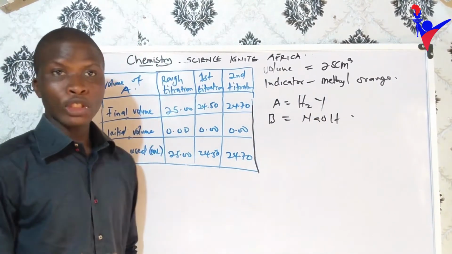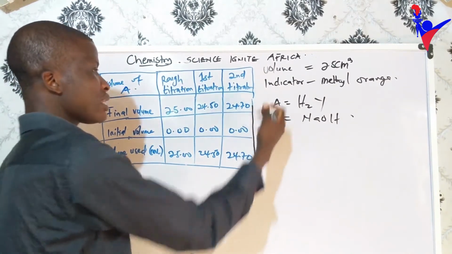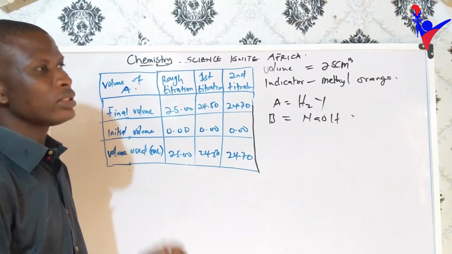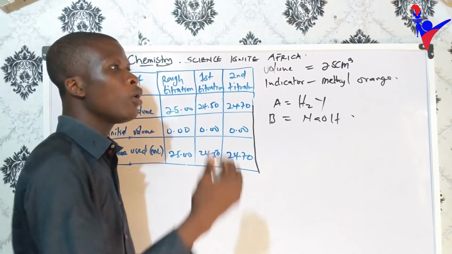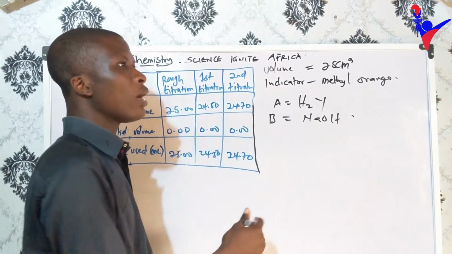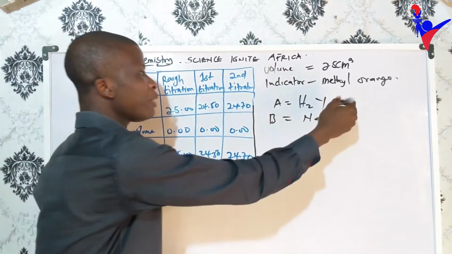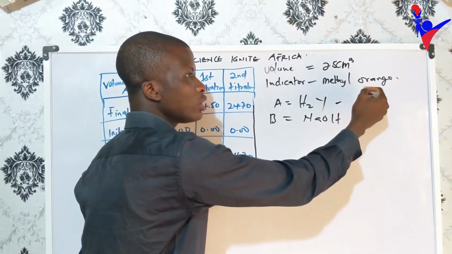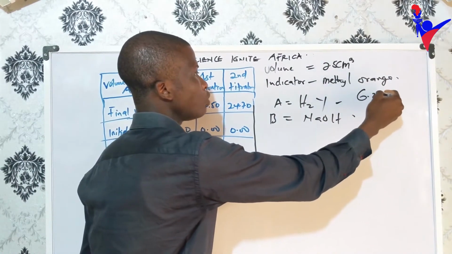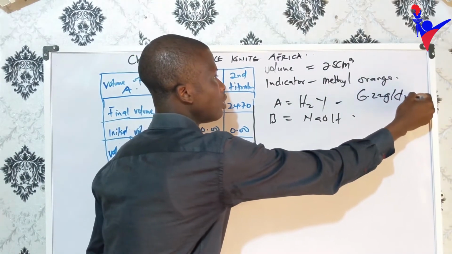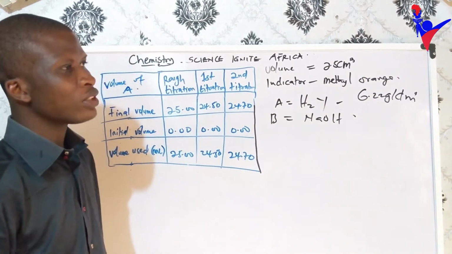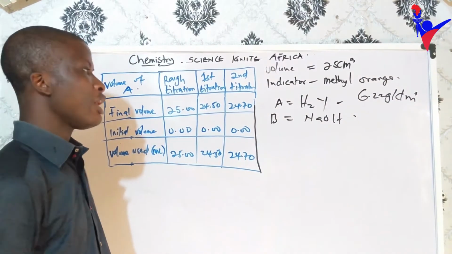Now, some information was provided for us concerning A and B. What you know about A is that it is a solution containing 6.22 gram of an acid H2Y per dm cube. It means you have been given the mass concentration, which is 6.22 gram per dm cube. While B is a solution of 5.6 gram per dm cube of sodium hydroxide.